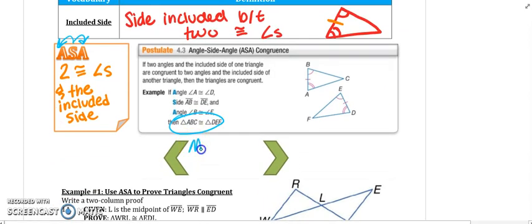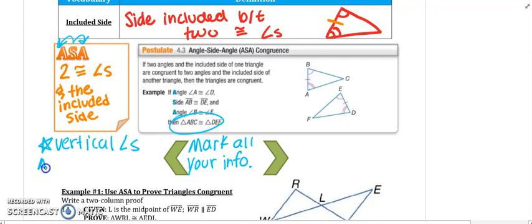Remember to mark all your information on your triangle and look out for those vertical angles that we've been working with. And you'll also have the reflexive property. So far we've used reflexive property for sides.